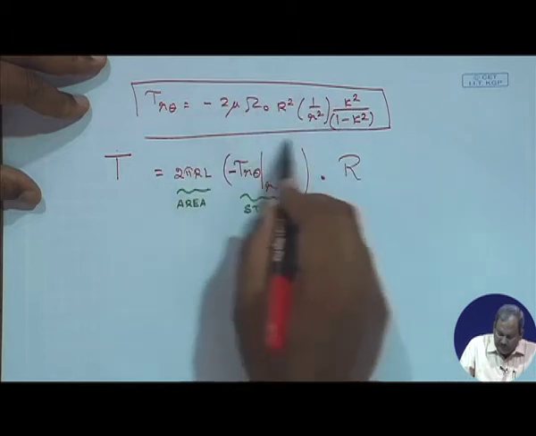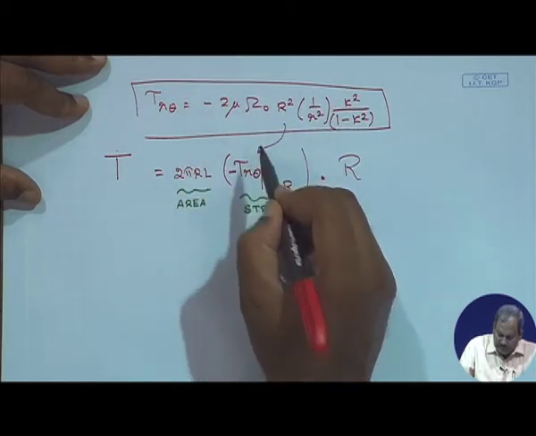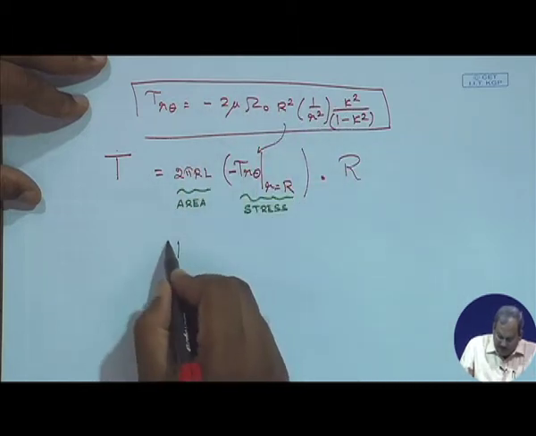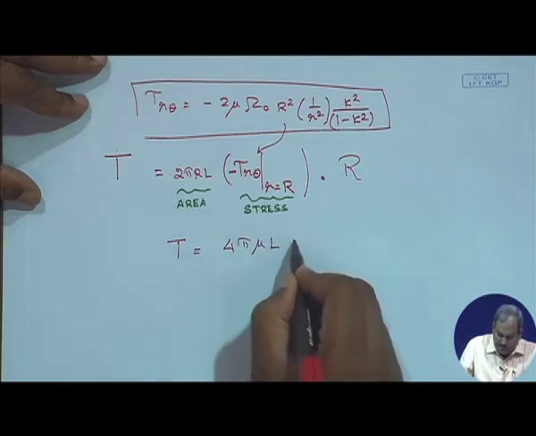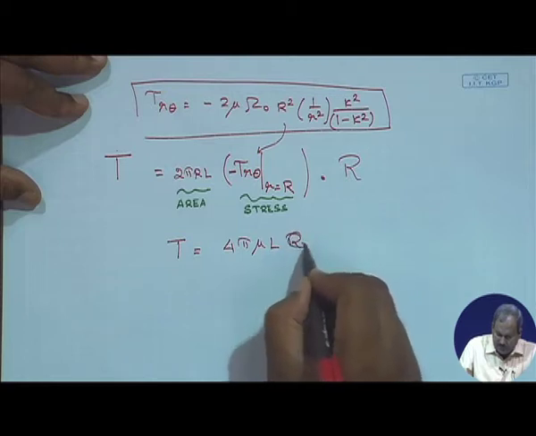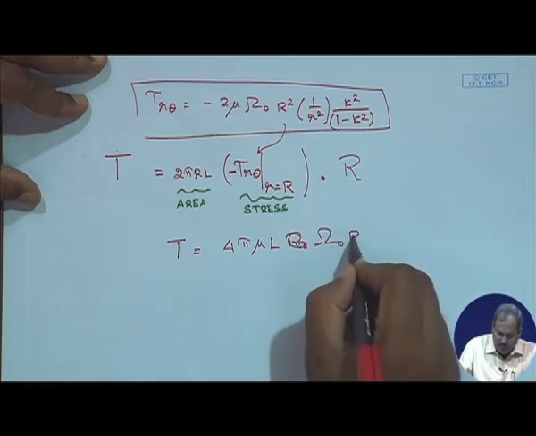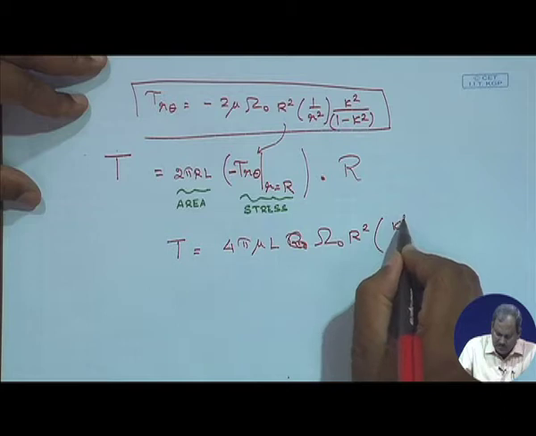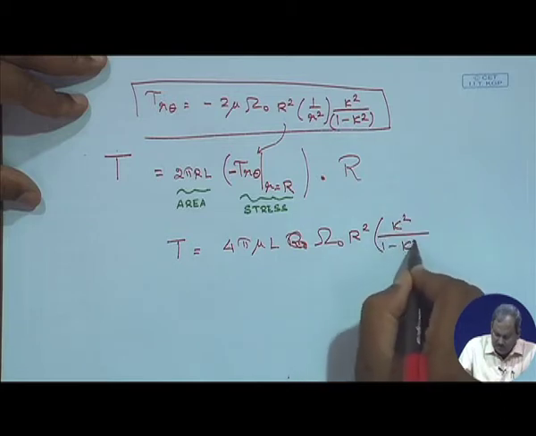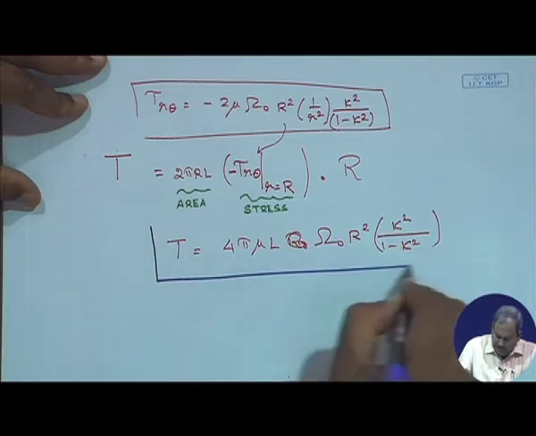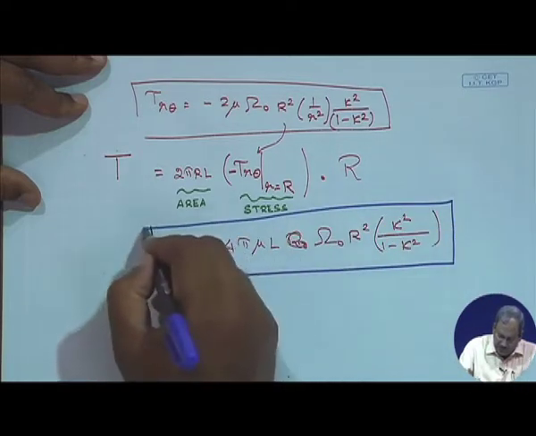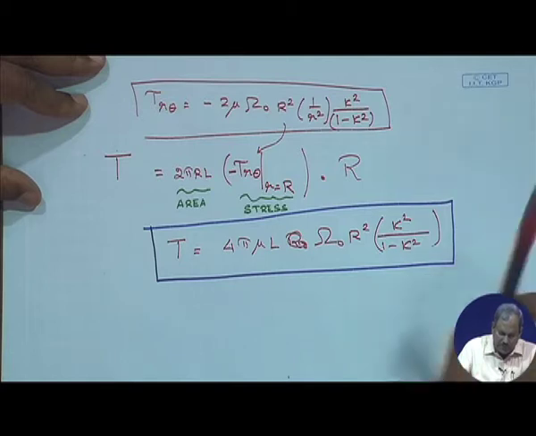This expression for tau r theta is then plugged in here, and you get a compact expression for the torque T. This is the final expression for torque that you would obtain.